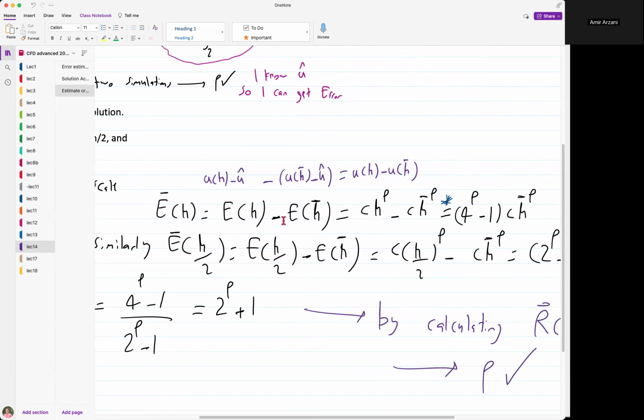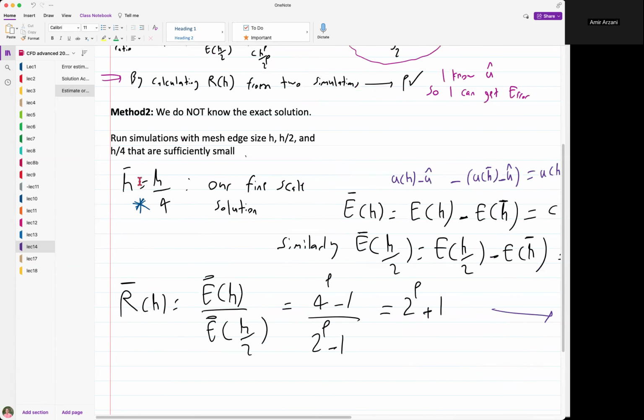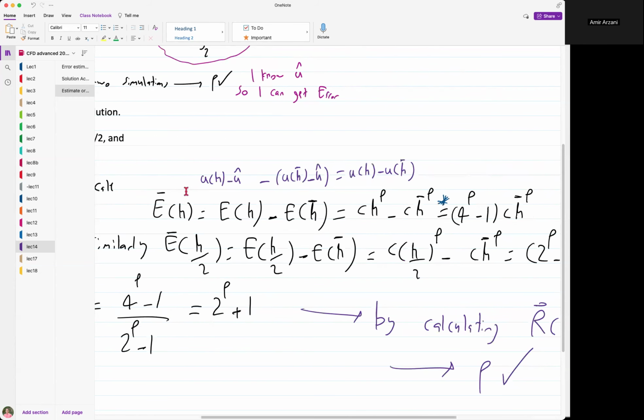When you subtract the errors like this, the exact solution, u hat, goes away. So you get the solution corresponding to your mesh edge size h minus your solution corresponding to the fine scale h bar, which is your fine scale solution with h over 4.